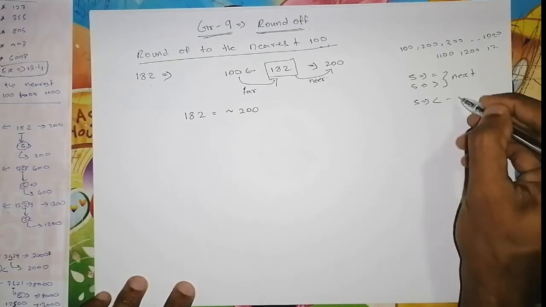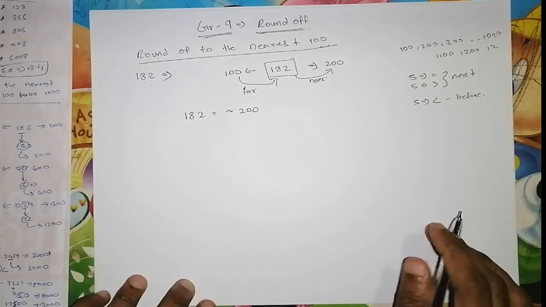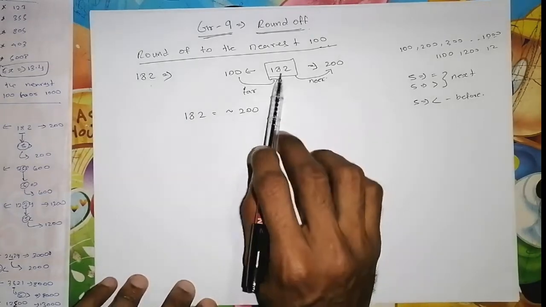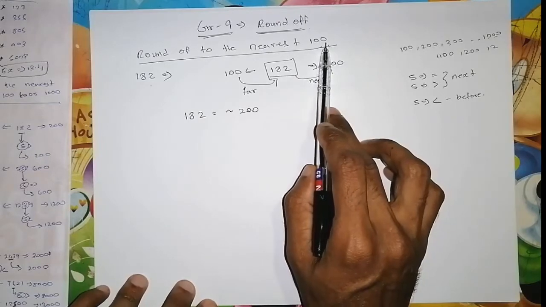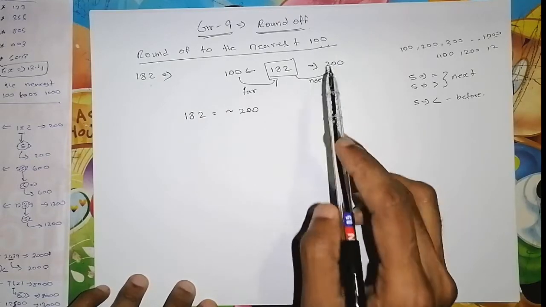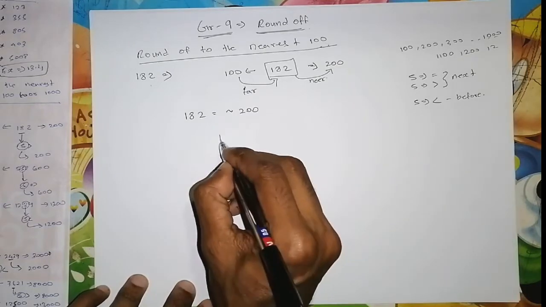If less than 5, we take the before value. We discussed it. If you want to round off to the nearest 100, you should check the number in the 10th position.